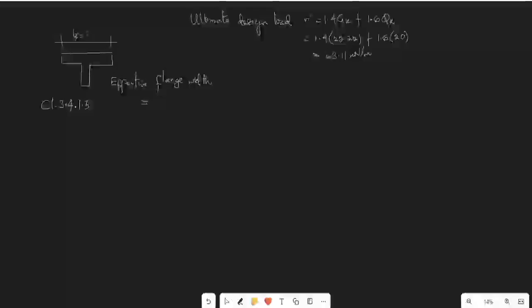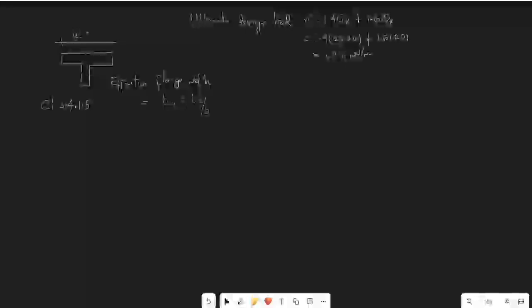If less. So let's put that to work. It says we'll be having the web width plus Lz over 5 or actual flange width, whichever is less.